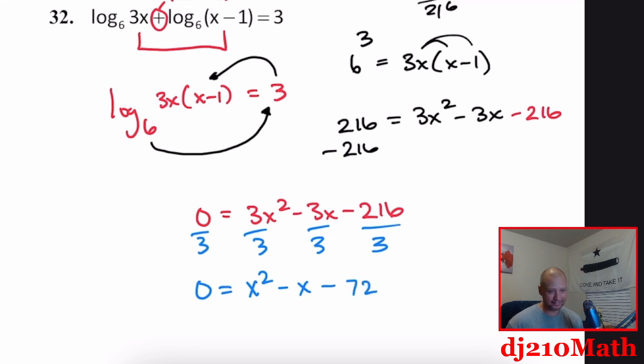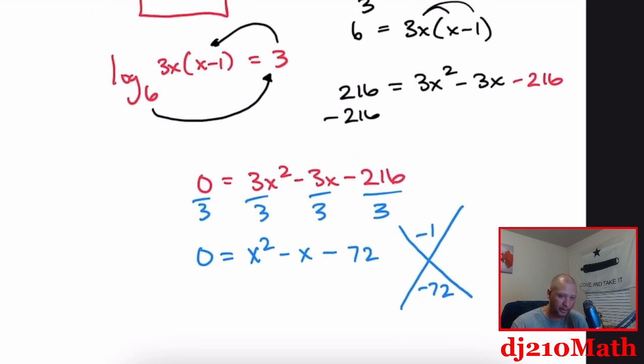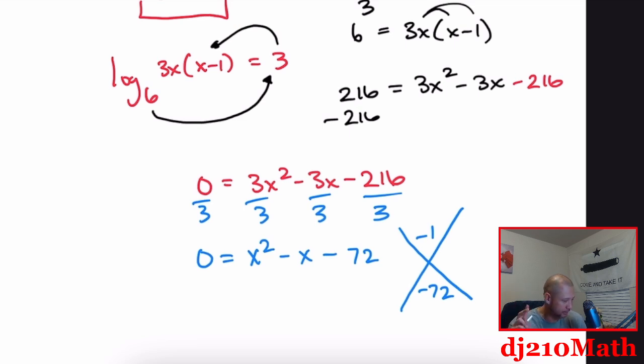Oh, this is nice. This is nice because what two numbers multiply to make negative 72 but add up to negative 1? So whenever you have something that adds up to 1 or negative 1, you need two numbers that are next to each other. 1 and 2, 2 and 3, 3 and 4, 4 and 5.